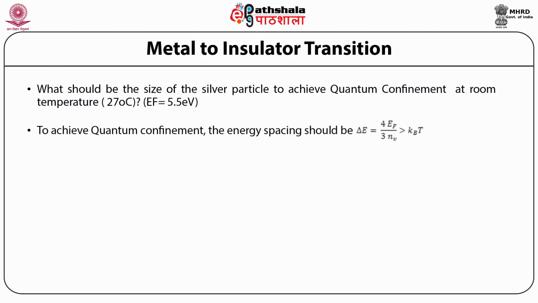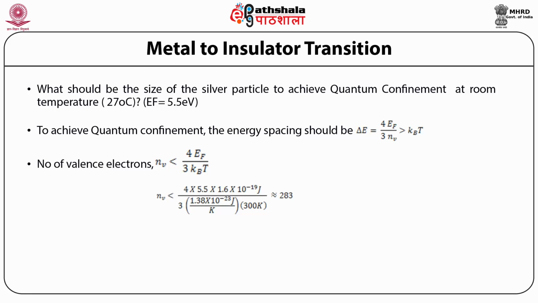In order to achieve the quantum confinement, the energy spacing delta E equal to 4EF divided by 3NV must be greater than kT, where the number of valence electrons must be less than 4EF divided by 3kT.